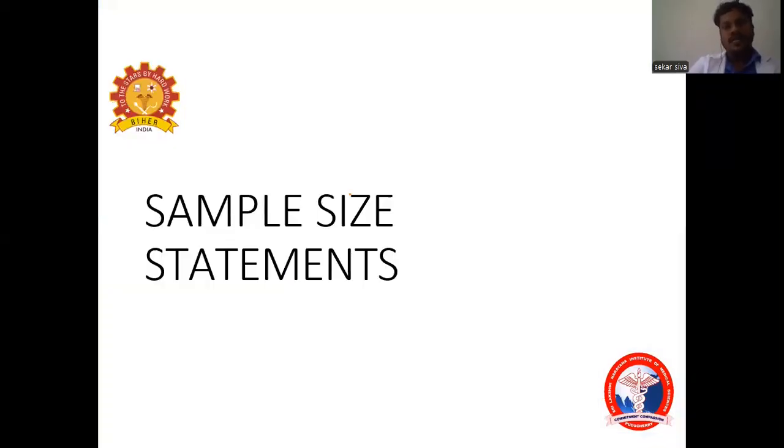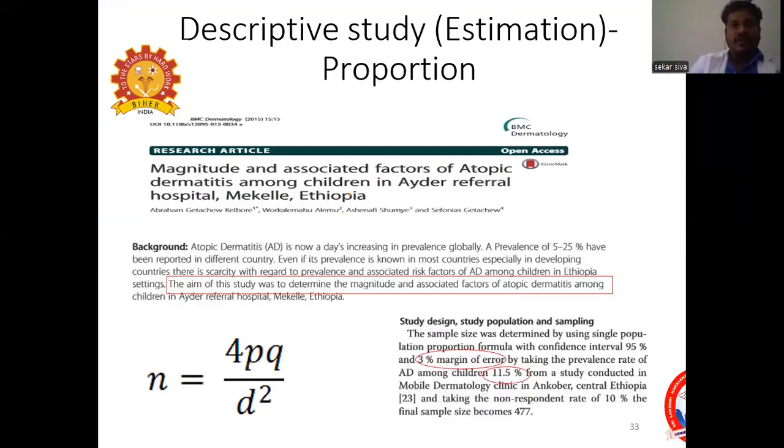So, sample size statements. For a descriptive study, the estimation of proportion, magnitude and associated factors of atopic dermatitis among children in Adyar Referral Hospital, Mekelle, Ethiopia.